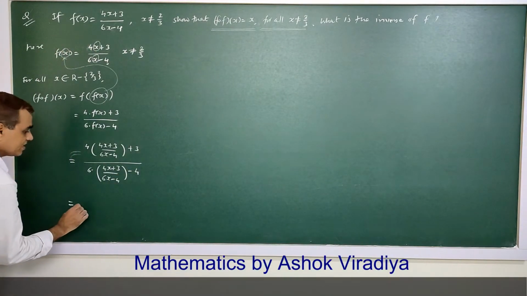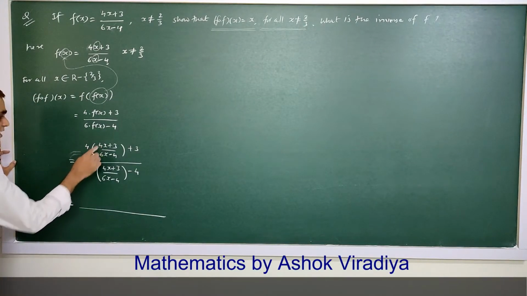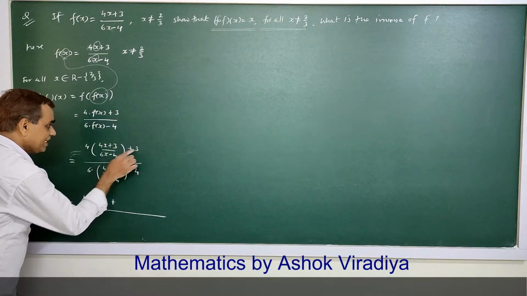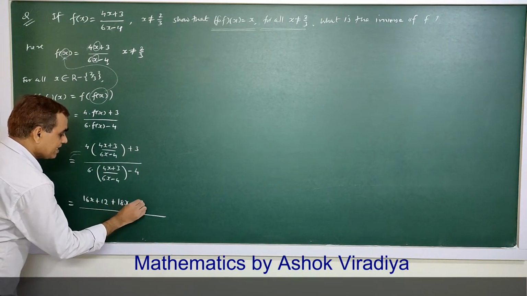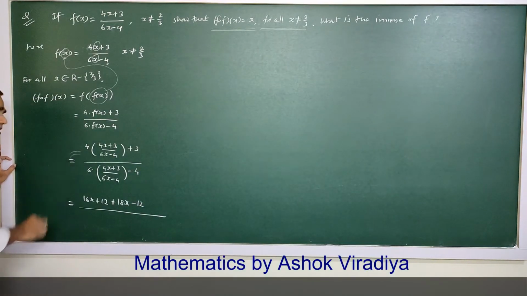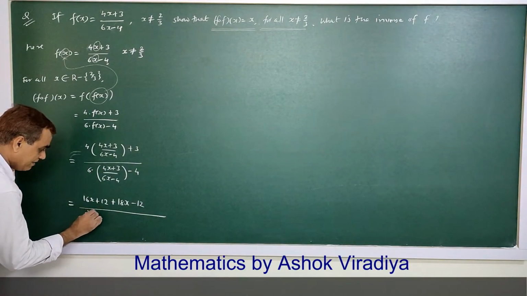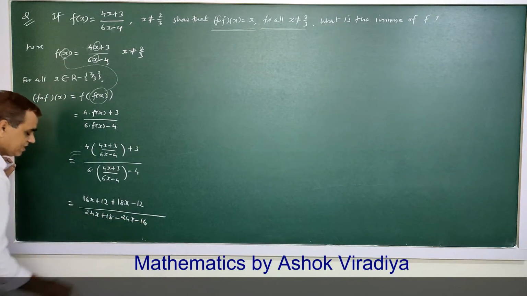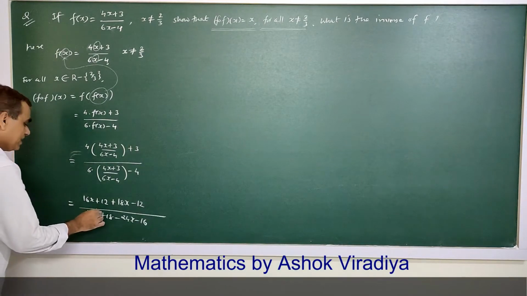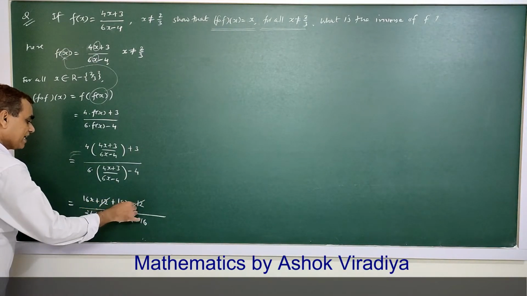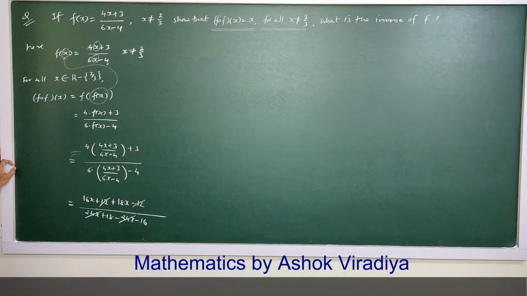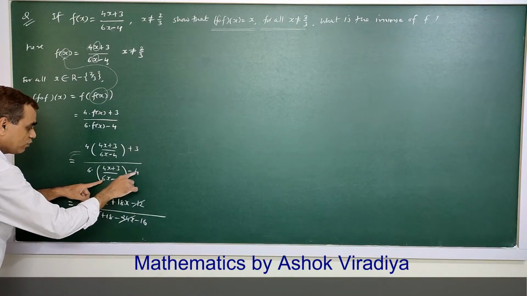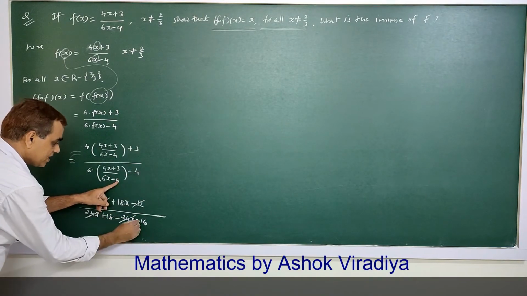Now simplifying this: 4 into 4, 16x + 12, plus 3 into 6, 18x − 12. The LCM will be cancelled. 6 into 4, 24x + 18, minus 24x − 16. Here this will be cancelled, 12 will be cancelled. So 16, and this will be (6x − 4) into minus 4, so minus 24 plus 16, this will be plus 16.